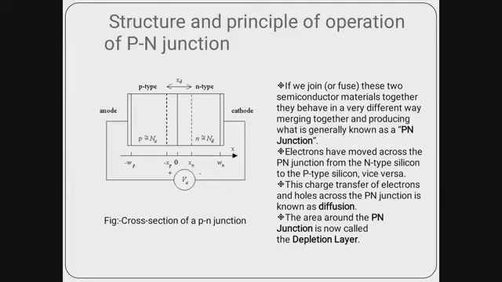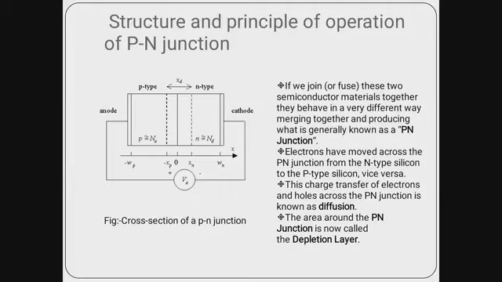Now how is the PN junction basically formed? That is the question. If we fuse these two semiconductor materials together, p-type and n-type, a junction will form. That junction is called the PN junction.